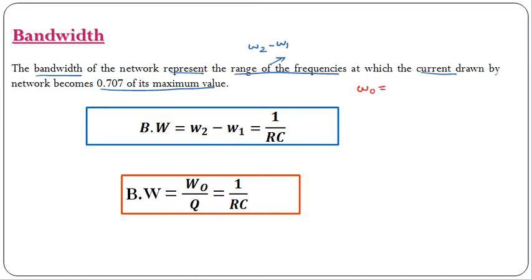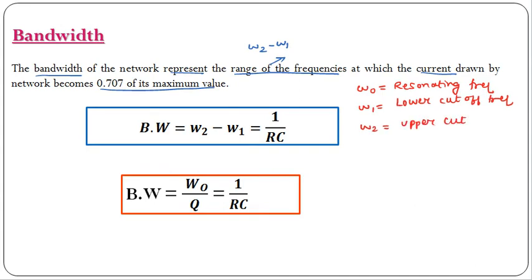Okay, here omega naught is the resonating frequency at which resonance occurs. So this is the resonating frequency and omega 1 is the lower cutoff frequency, and omega 2 is the upper cutoff frequency. So at omega 1 and omega 2 frequencies, the current is at this point, the current is maximum by root 2. Okay, so if we take the difference between the upper cutoff frequency and the lower cutoff frequency, then we will obtain bandwidth.